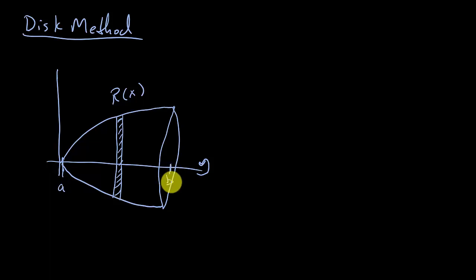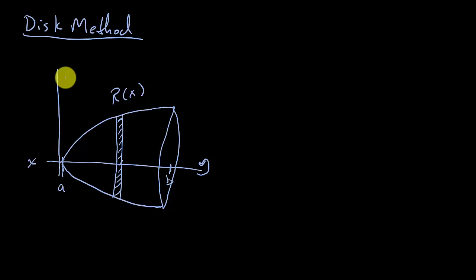That will give us the volume of this solid that's generated by revolving this graph about the axis. In this case, it's the x-axis that we're revolving about. The same thing applies if we're revolving it about the y-axis, and I'll explain that more when we get into the examples.